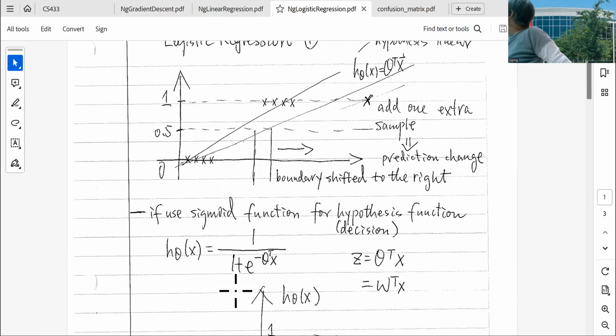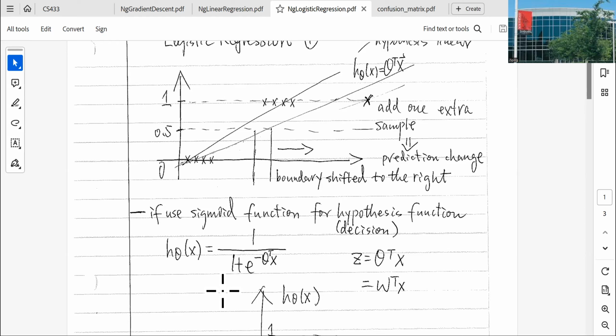So here, theta is our weight. Theta is W. It's a version of our W.